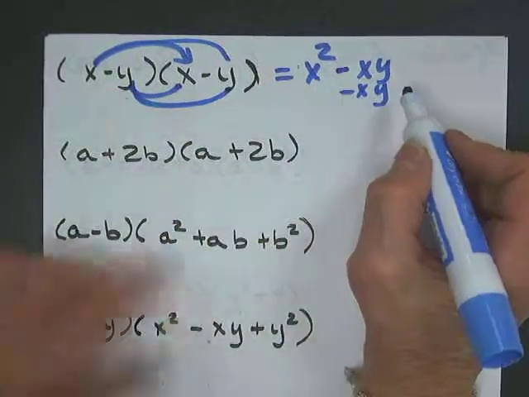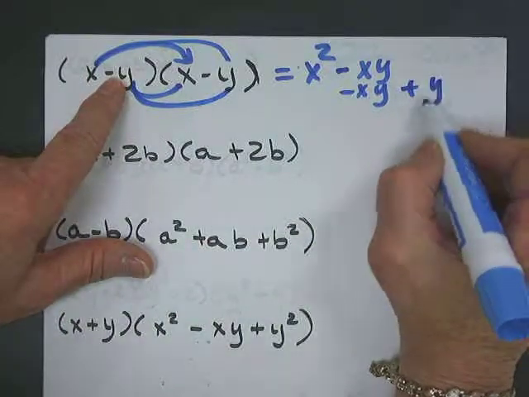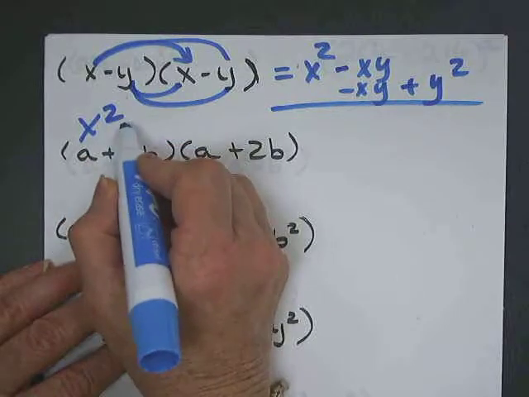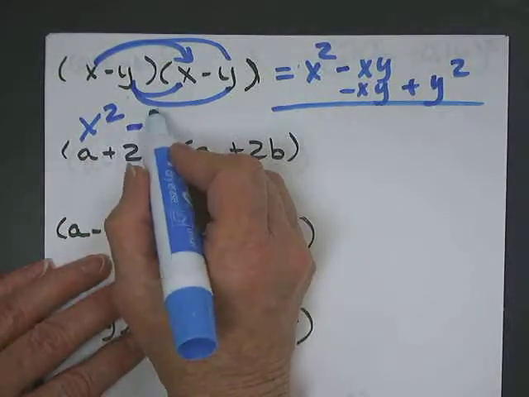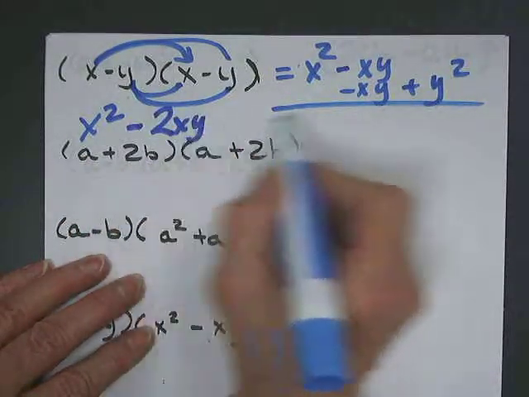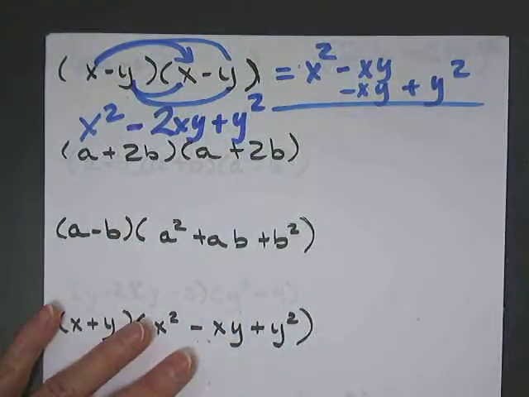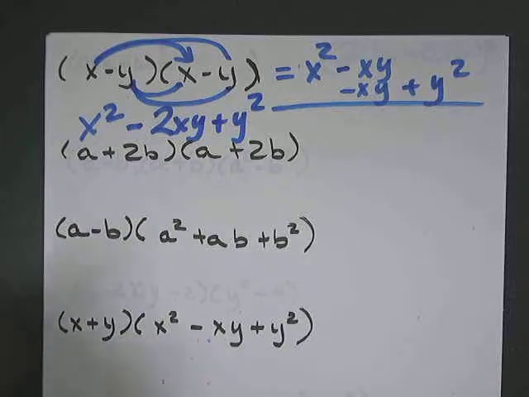Inside, minus xy again. This is always going to be the same thing if they're the same. And then plus y squared. So you have x squared minus 2xy plus y squared.